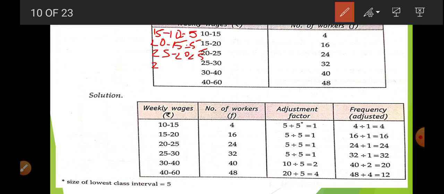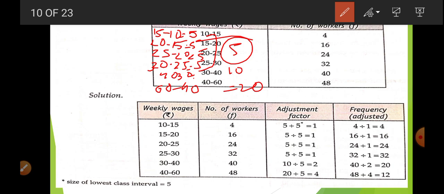Then 30 minus 25, it will be 5. And here 40 minus 30, so it will be 10. And here 60 minus 40, so it will be 20. So you can see that till now the class interval is 5, but for this one the interval is 10 and for the last one it is 20. So this is why it is an unequal class interval.